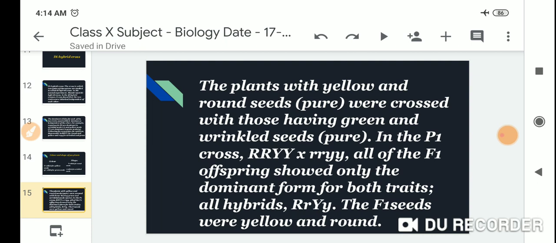Capital R and capital Y crossing over to small r and small y, all of the F1 offspring show only the dominant form for both traits. All are hybrid, capital R small r and capital Y small y, and the F1 seeds are yellow and round.